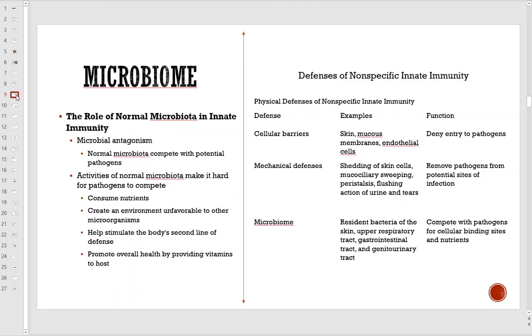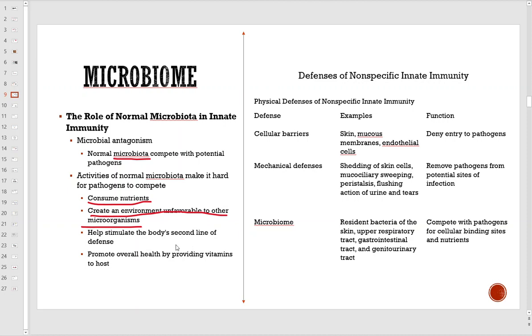Microbiome, this is our normal flora. These guys are there and they keep really bad guys out because they basically crowd them out. They take whatever nutrients are available. Some of these guys actually produce their own antibiotics. Yes, bacteria make antibiotics against other bacteria.